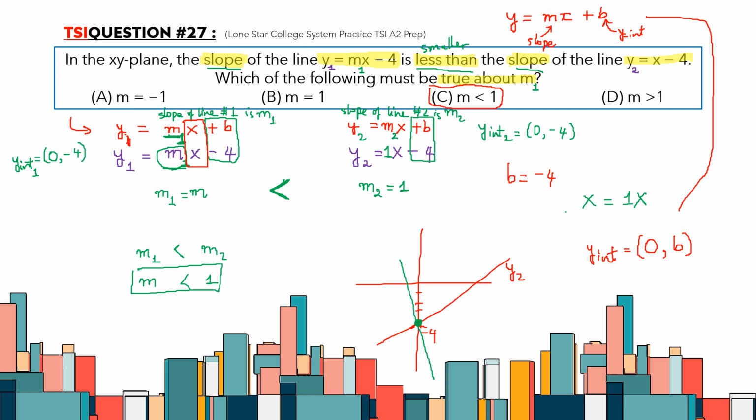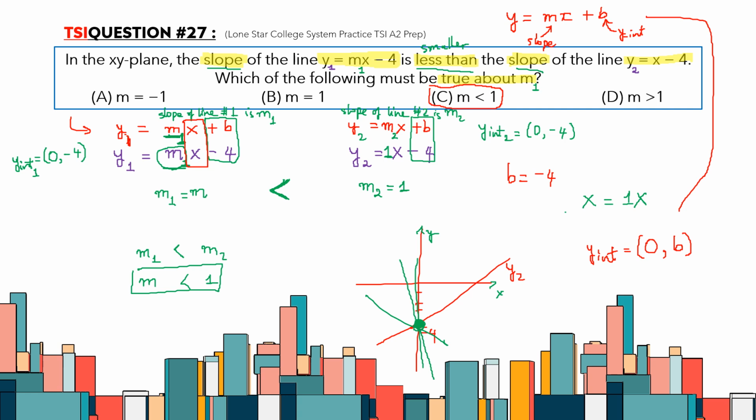But the same thing, it will cross at the same point. This is the y-axis, this is the x-axis. Depending on the value of m, the line will cross like that, or like that, or like that. But we're sure it will cross the y-axis at negative 4, the same point.